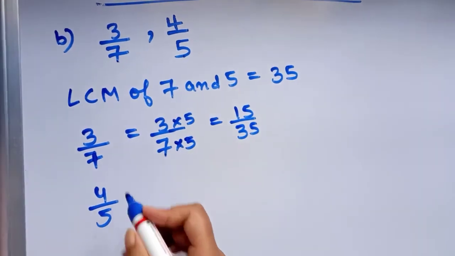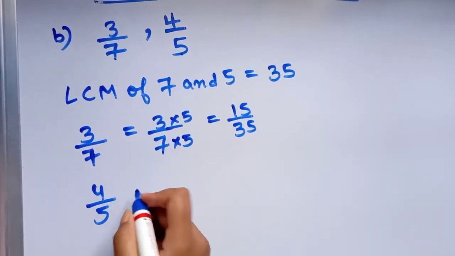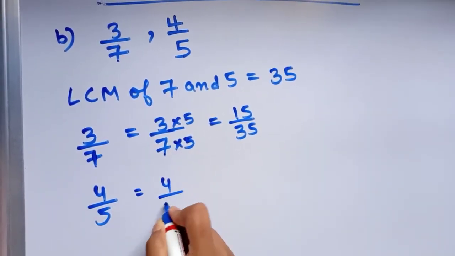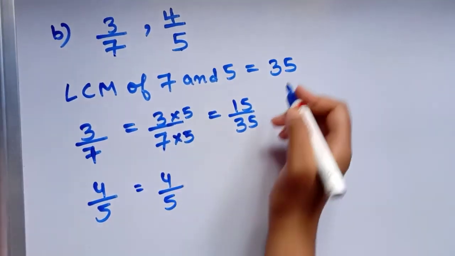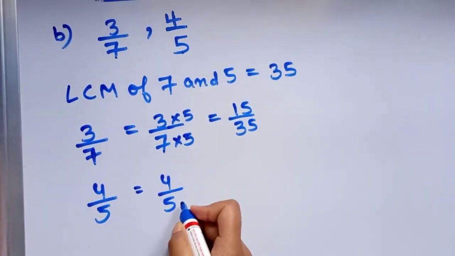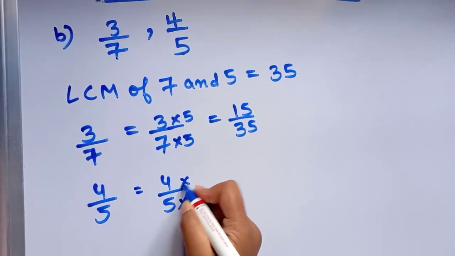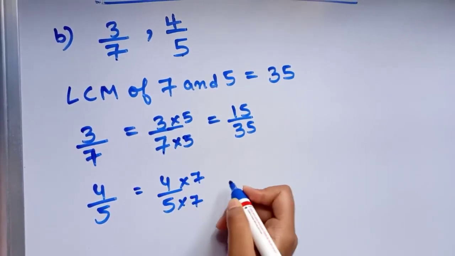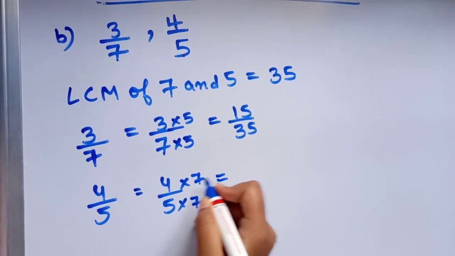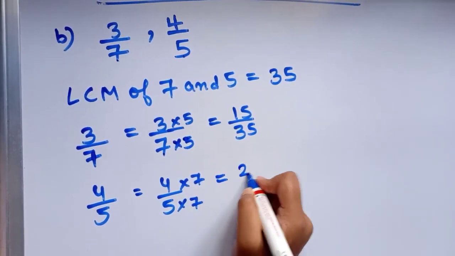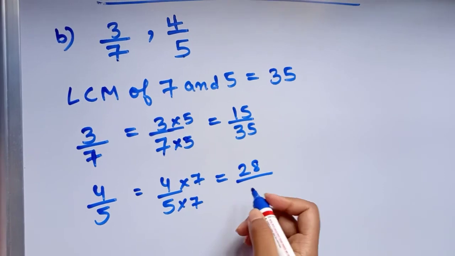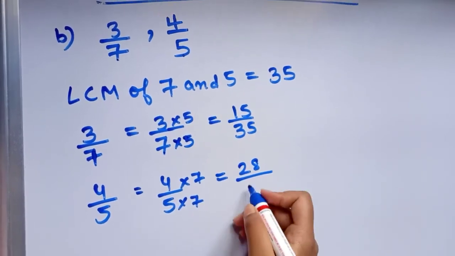Similarly for the next fraction you will do the same thing. 4 by 5. In place of this 5, you need to get 35. So how will you do it? 5 7s are 35, so you multiply both the denominator as well as the numerator by 7. So 4 7s are 28 and 7 5s are 35.